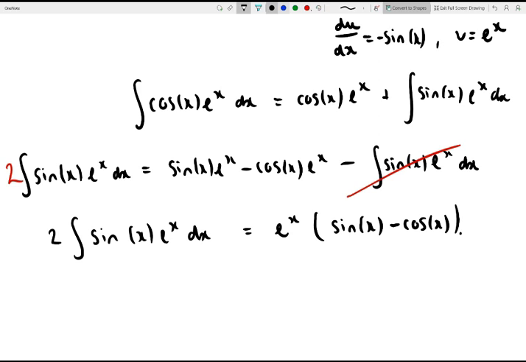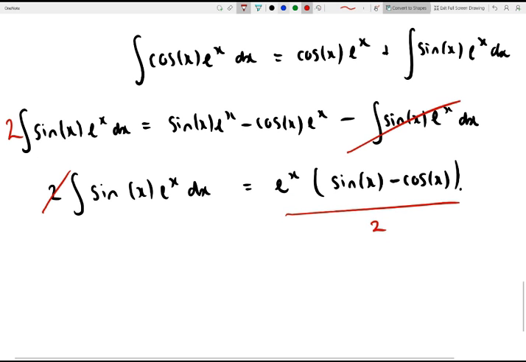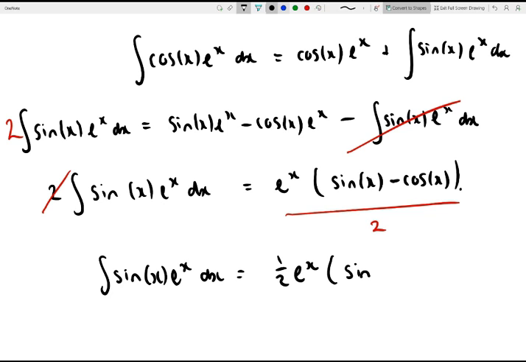So dividing by 2 gives us our final answer. So the integral of sine of x e to the x dx is 1 over 2 times e to the x, all times by sine of x minus cos of x.